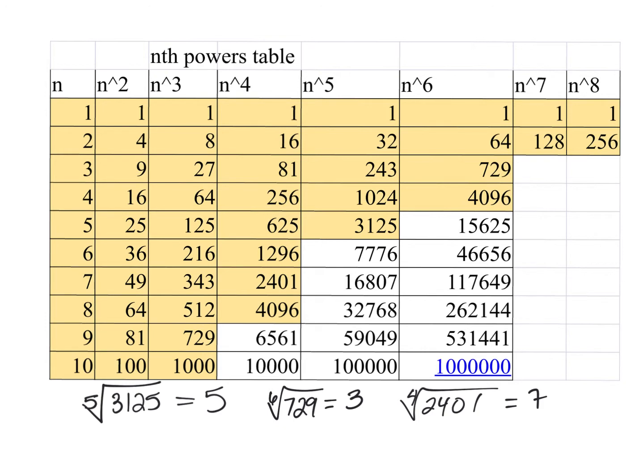So we have that to reference, not during the quiz, obviously, but when you're working on homework, you can quickly reference that. We have to know the 7th and 8th powers of 2. I would write this: 2 to the 7th and 2 to the 8th, you should know. 2 to the 7th is 128, 2 to the 8th is 256. We should know those.